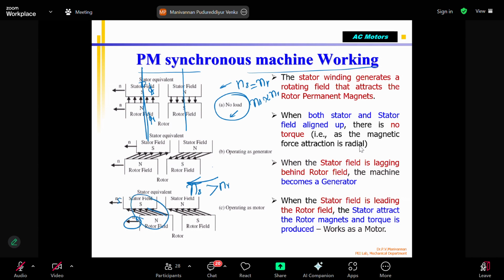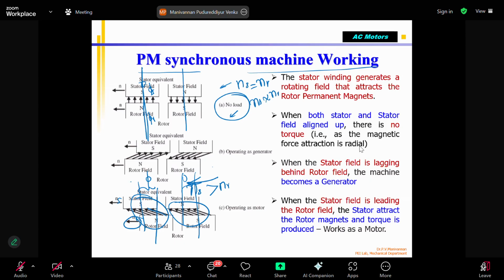This is magnetic locking, correct? The magnet is locked. I am talking with the arrows. The rotor is trying to catch the stator, but still it is lagging. This is the axis, this is the axis. There is a phase angle, correct? A small phase angle is there between these two, correct? So in that case, we say that the PMSM machine is working as a motor.